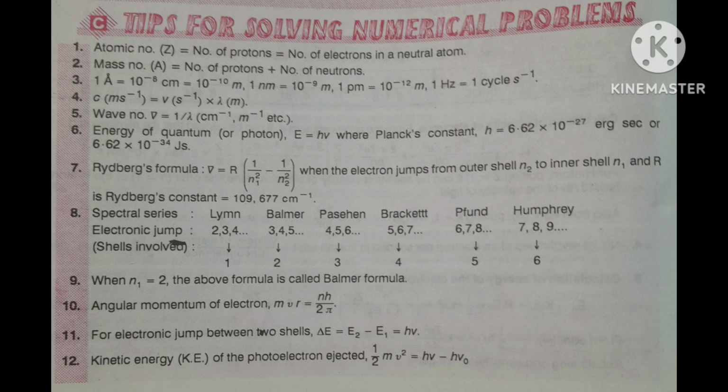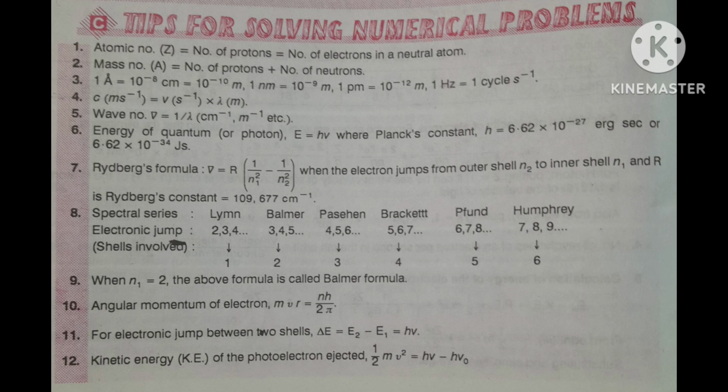Now, next, number of waves in the nth orbit is equal to what? N. It's the number of the orbit, both are equal. Number of waves in the nth orbit is equal to n.